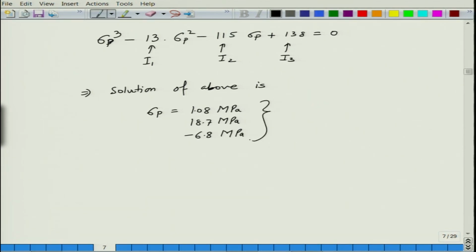So, this is the solution you are going to obtain for the 3 principal stresses, that is sigma 1, sigma 2 and sigma 3. Okay. So, I hope it is clear from the formula how one determines the stresses sigma.